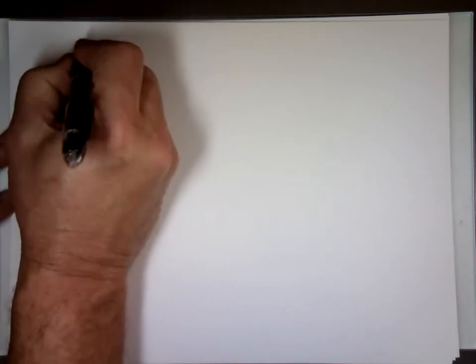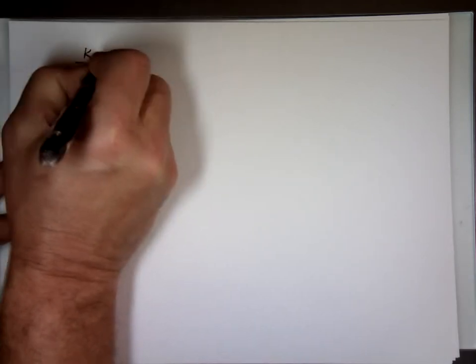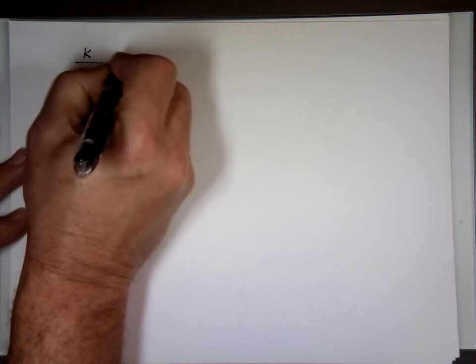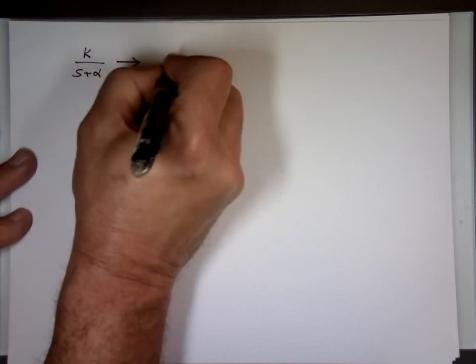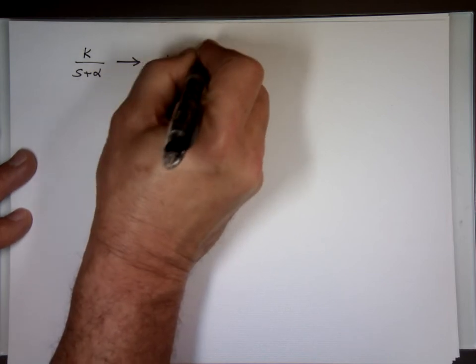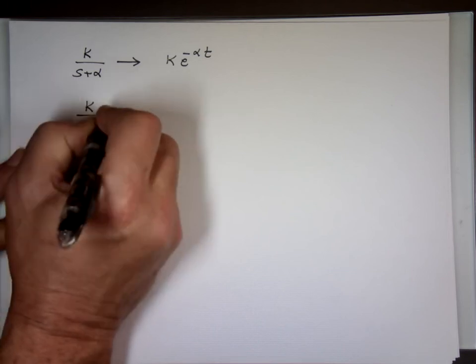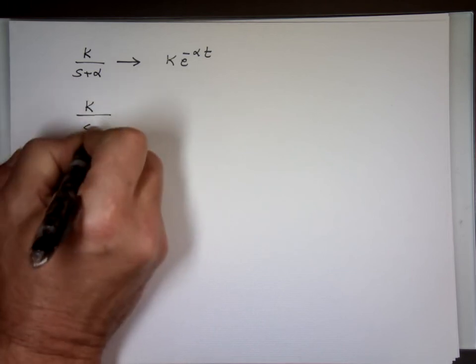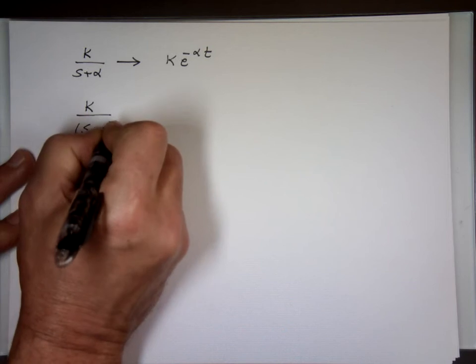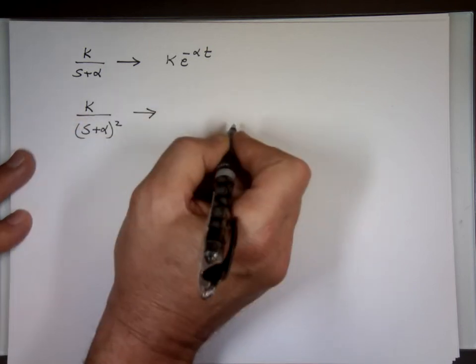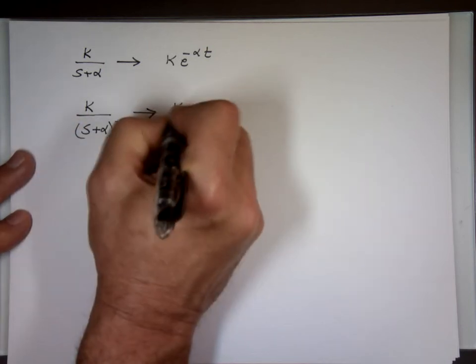If you have k over s plus alpha, the inverse Laplace of that is what? K e to the minus alpha t. If you have k over s plus alpha squared, these are the common ones that we use, the inverse Laplace of that is what? K t e to the minus alpha t.